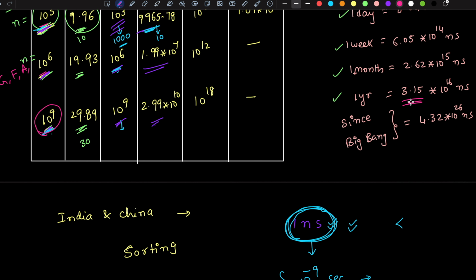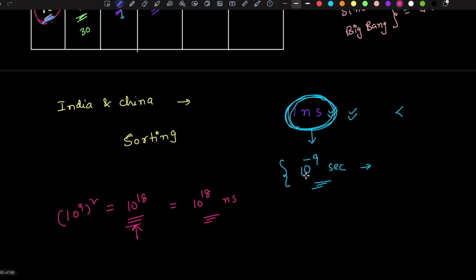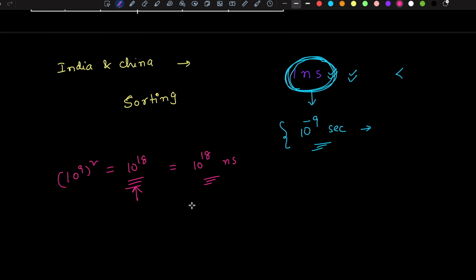I'm going to compare this value with 10 power 18 nanoseconds. 1 year is approximately 3 into 10 power 16 nanoseconds. If you divide 10 power 18 by 3 into 10 power 16, you get roughly 33 years. So it would take approximately 30 to 33 years to complete this task.